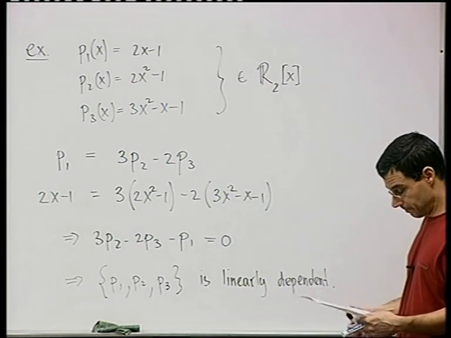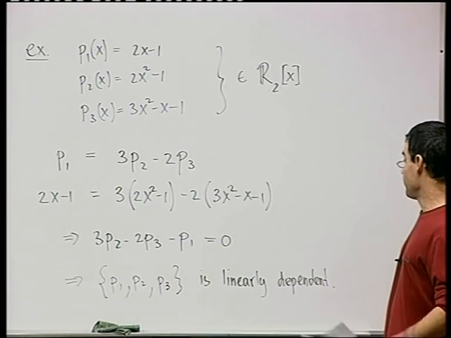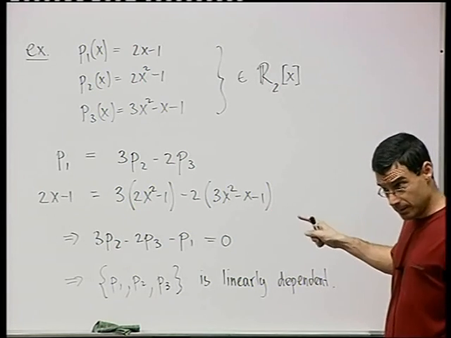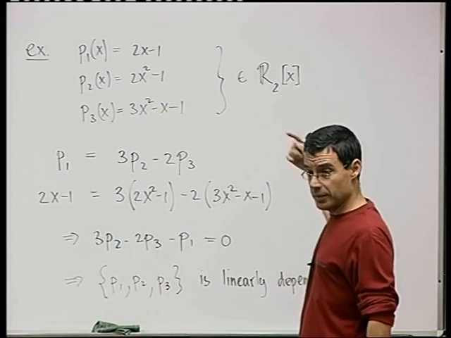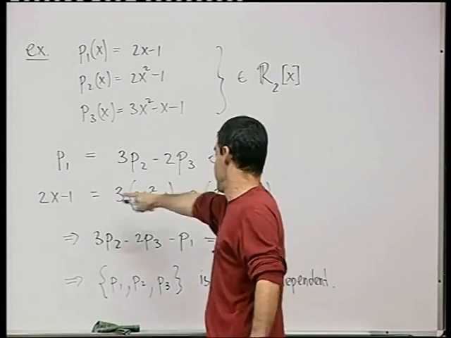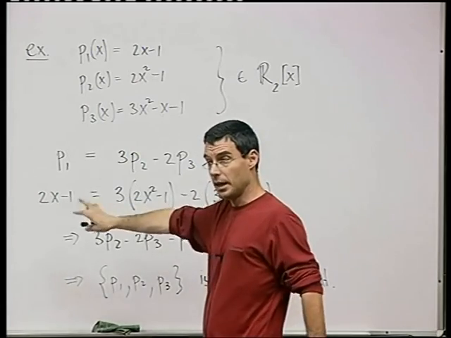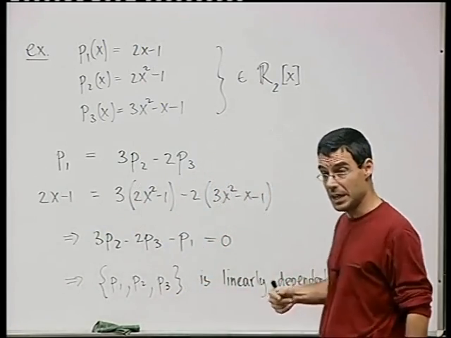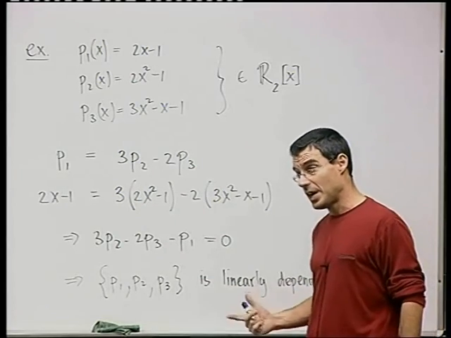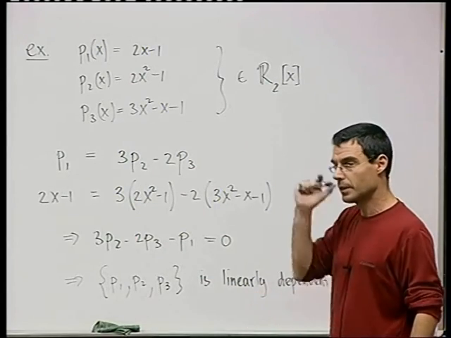Good? Okay, so next time, a theorem with some proofs and examples on how we determine this, how we find the linear combination with non-zero coefficients that gives us the linear dependence, or how we decide that in fact they're independent. That's all next time.